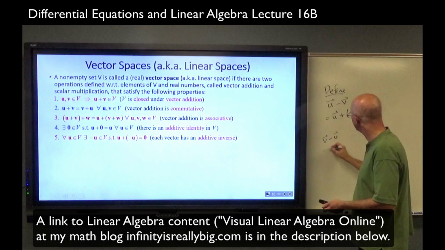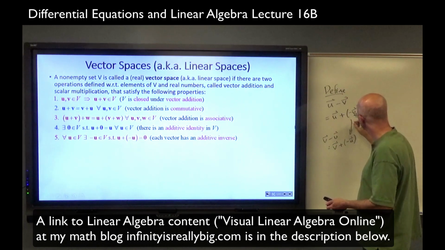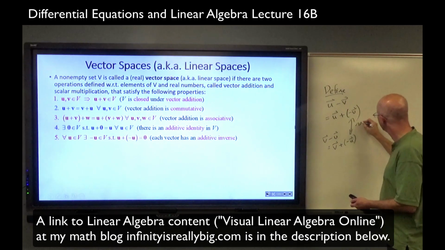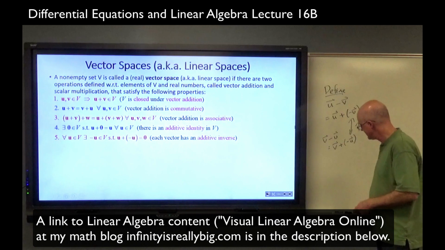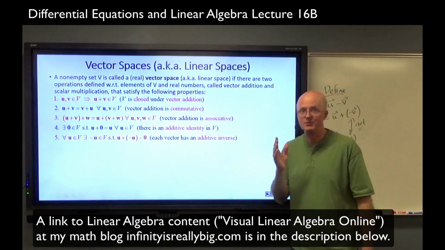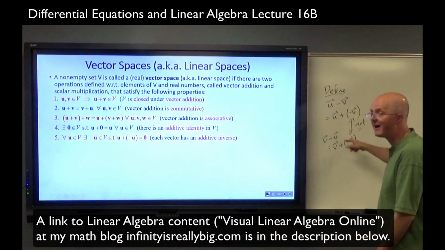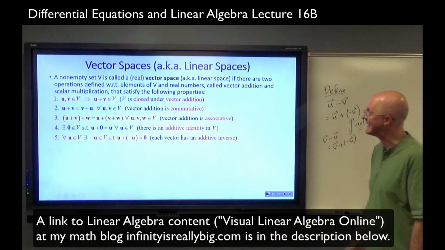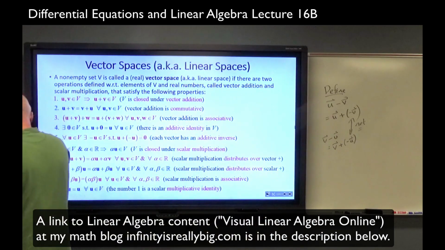V minus u would be v plus the additive inverse of u, and these are not the same in general. Not equal in general. Okay? So yes, we could define vector subtraction, and I will sometimes think in terms of vector subtraction, but vector subtraction is defined in terms of vector addition. It's not an axiom.